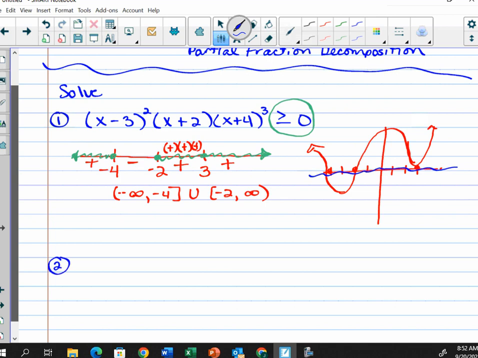Okay, we can do these with rational functions too. So let's do (x plus 2) cubed times (x minus 4) over (x minus 1) squared times (x plus 5) squared, and this is less than or equal to 0.